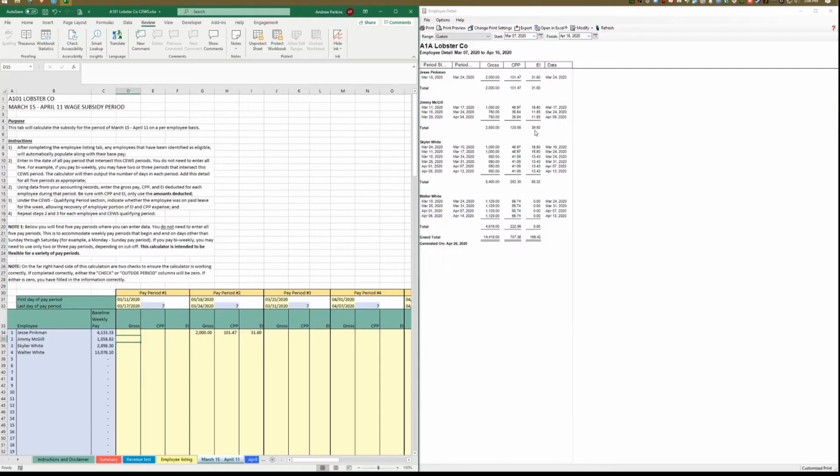So for Jimmy, his first pay was in the first period, $1,000, $48.97 and $15.80. He receives pay the next period. Now, interestingly, we see that his pay has been reduced to 75% of what he was receiving before. And the reason for this is Walter said, cash flow is a little tight.